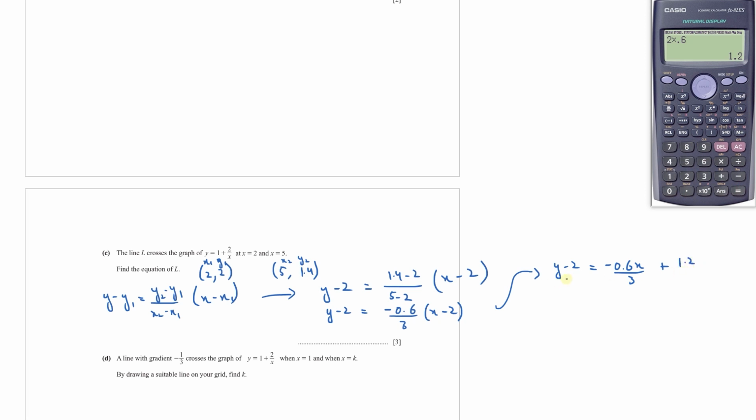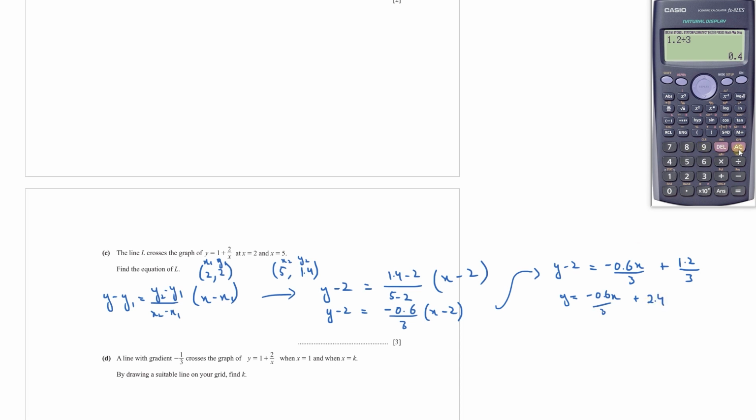Then you divide by 3 here as well, so minus 0.6 over 3 is being multiplied in here. So I can take this minus 2 to the other side. I will get minus 0.6 over 3 times x plus 1.2 divided by 3. So 1.2 divided by 3 is what? 0.4. So this plus 2 plus this 0.4, I will get plus 2.4.